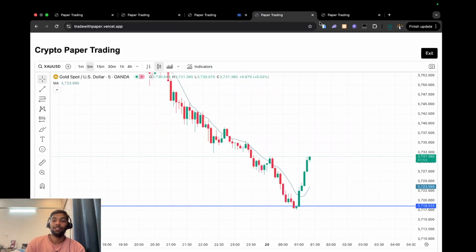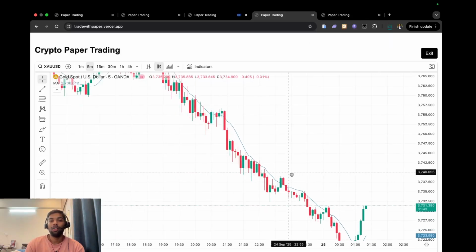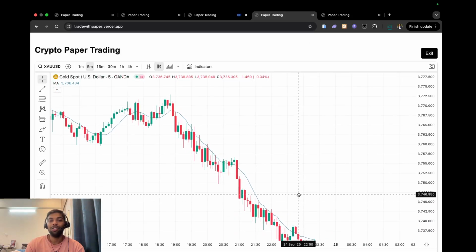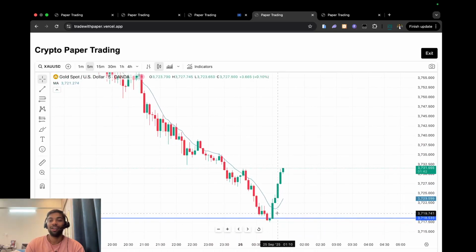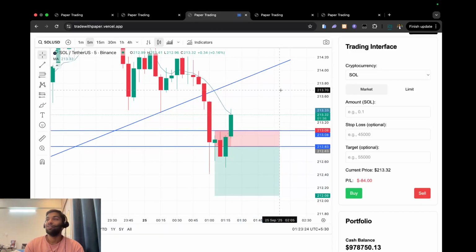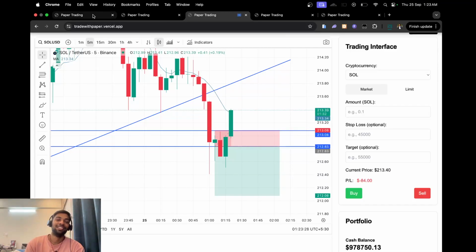It is what it is, guys. In gold, before we entered, the market was making extremely lower lows. As soon as we entered, the market made higher highs again and reversed. We can't do anything about it. This is how the market moves.